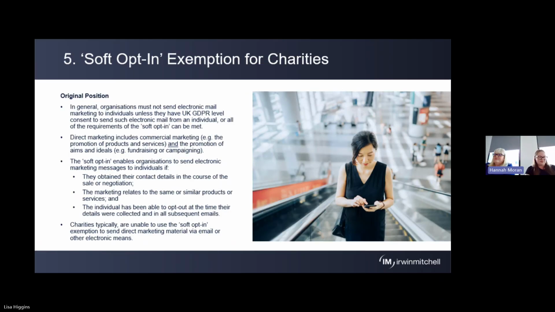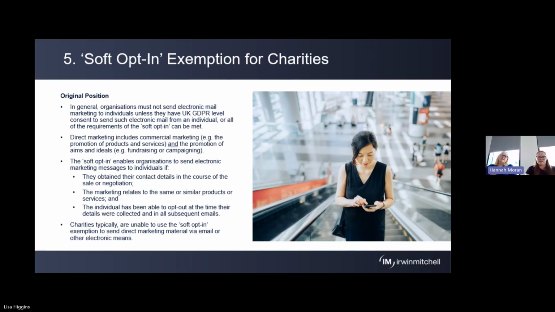So next slide, please. So this is, again, one of the big changes, and it is focused on charities. And essentially it's around marketing. And you might think, well, what do you mean marketing from a charity's point of view? One of the things that charities have struggled with for a long time is that the ICO considers essentially the promotion of their aims and contacting supporters and seeking donations as being direct marketing.